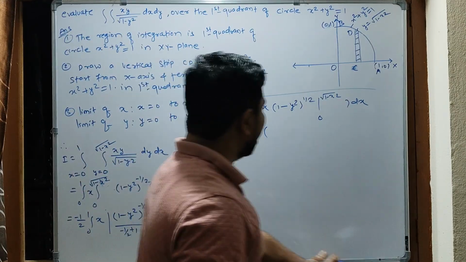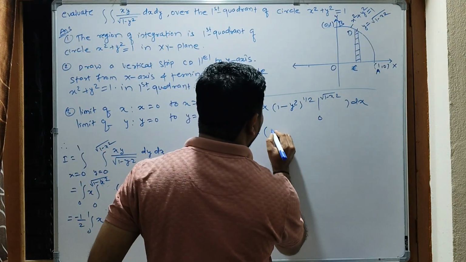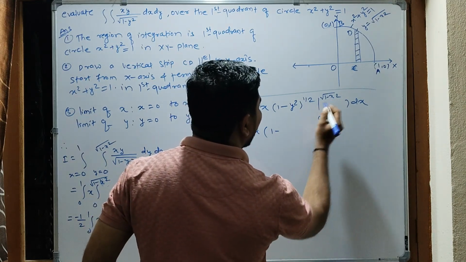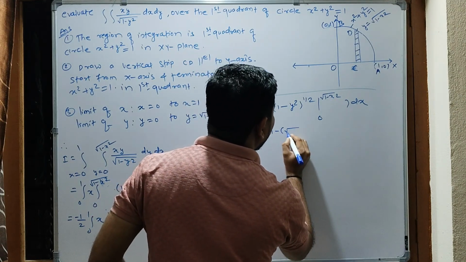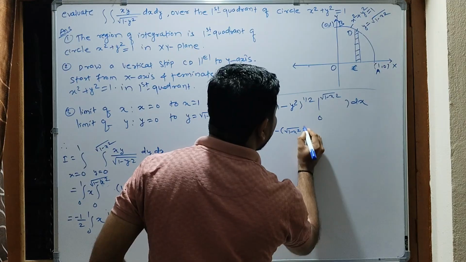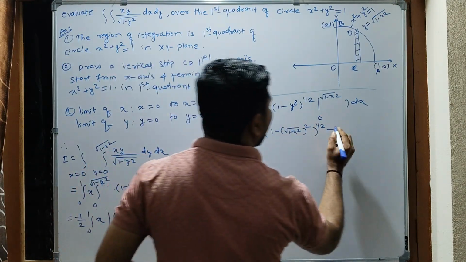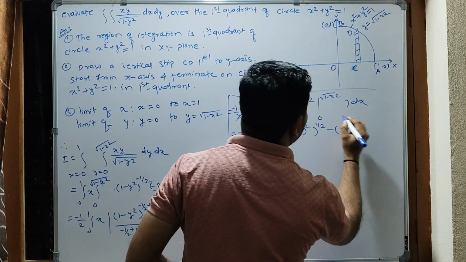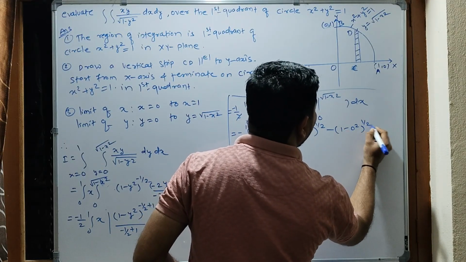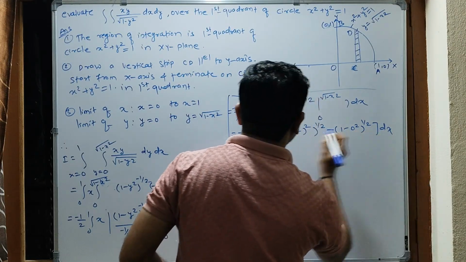So here upper limit minus lower limit. So here 1 minus the value of y, under root 1 minus x square to the power 1 by 2, minus 1 minus 0 square to the power 1 by 2. This is with respect to dx.